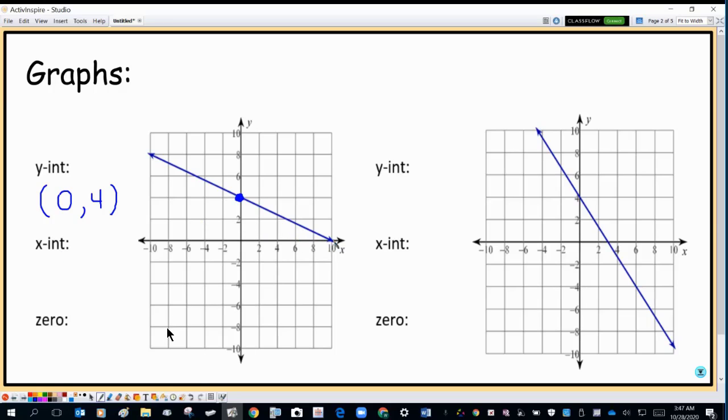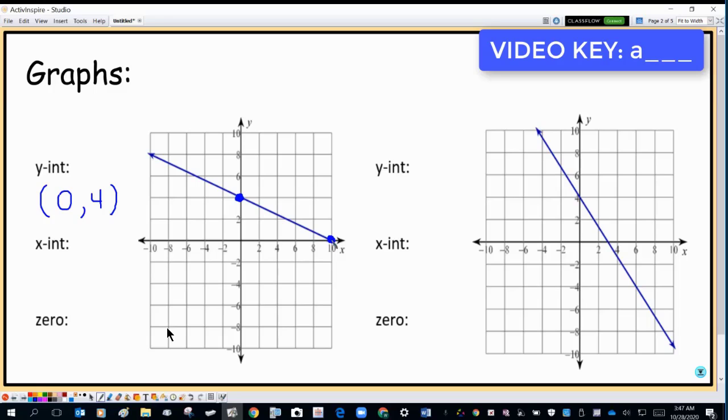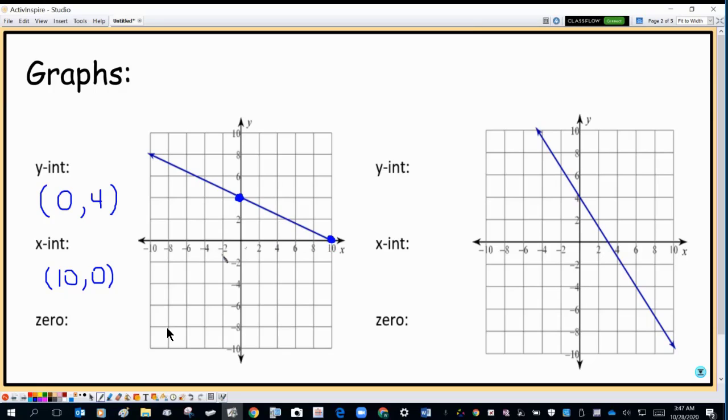Okay, the x-intercept is where the line touches the x-axis, so right there is the point. So our coordinate is going to be (10, 0), because we go 10 units to the right, and we don't go up nor down.